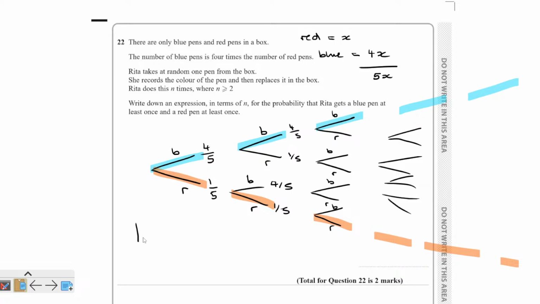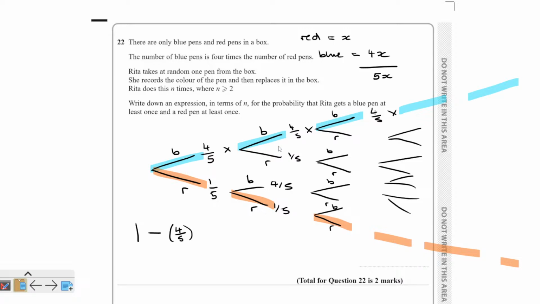Would be to do 1 minus the chance of getting all blue, and then minus the chance of getting all red, because then that would encompass all of the other possibilities. So we just need to work out, okay, how would I write down the probability of getting all blues? Again, I don't know how many times she repeats this. I know the probability of blue is 4/5, and when we're working with trees, we obviously saw this in the other question, you always multiply between them, don't you?